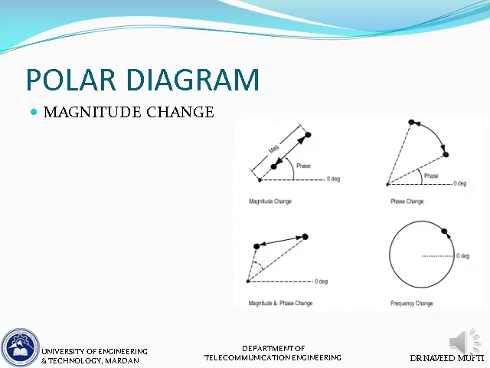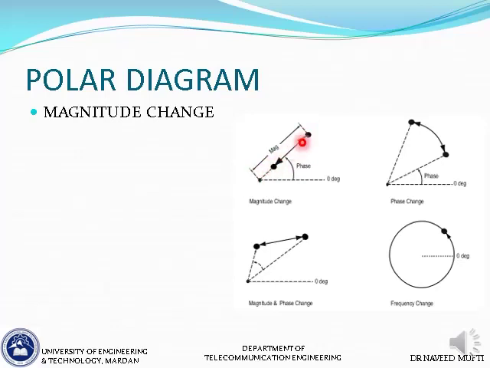When there is a magnitude change, we will see the end of the vector, if we are representing it by a dot, moving. When there is a magnitude change only, or amplitude modulation, we will see that dot moving up and down to indicate that the amplitude is changing.